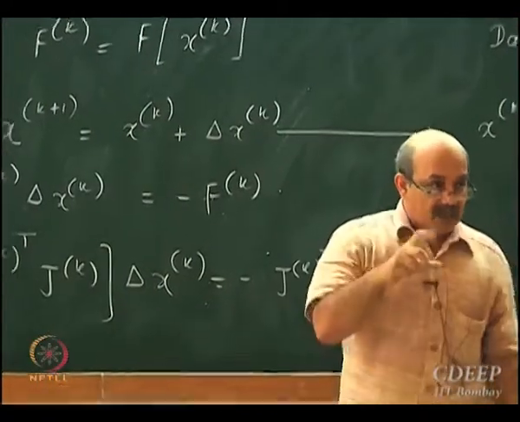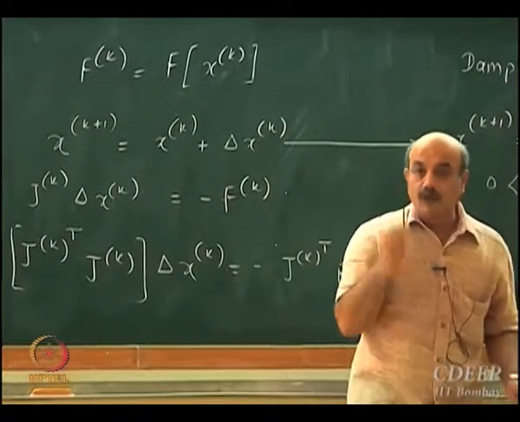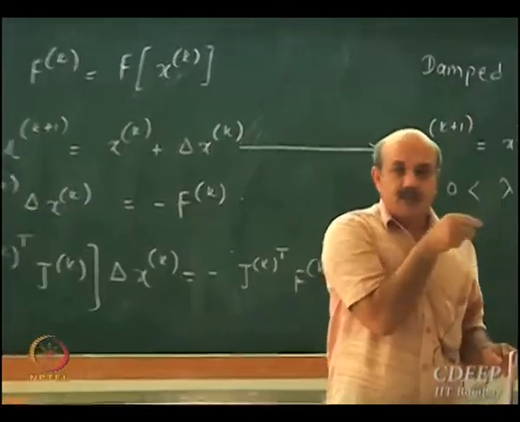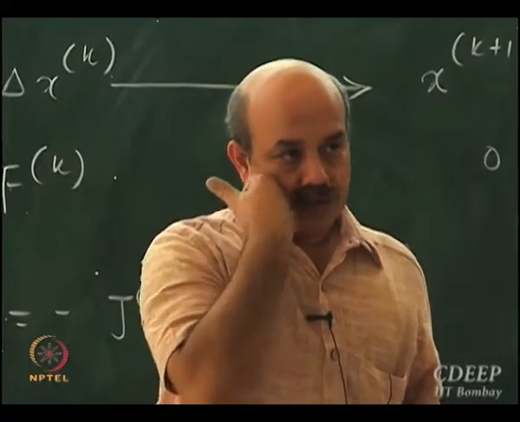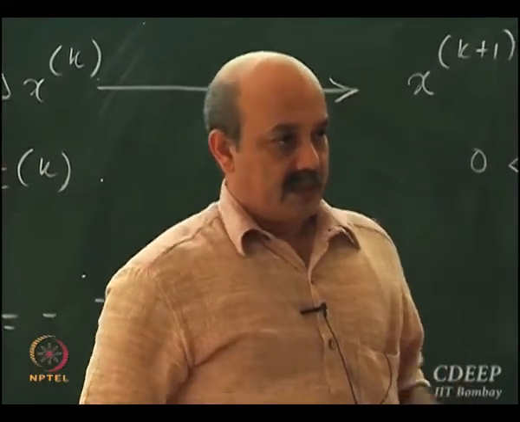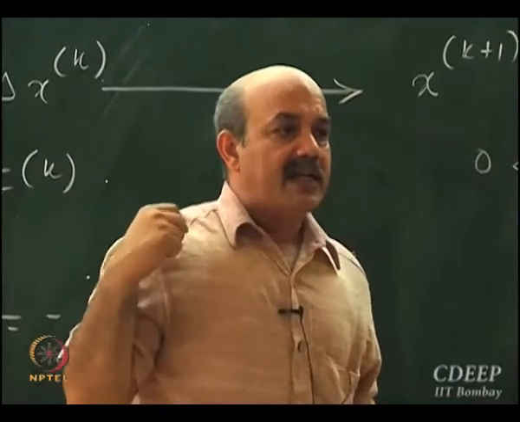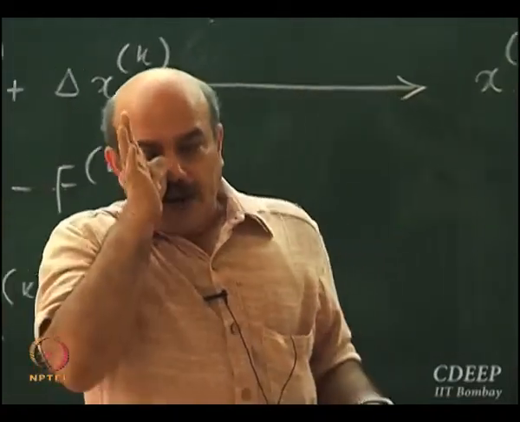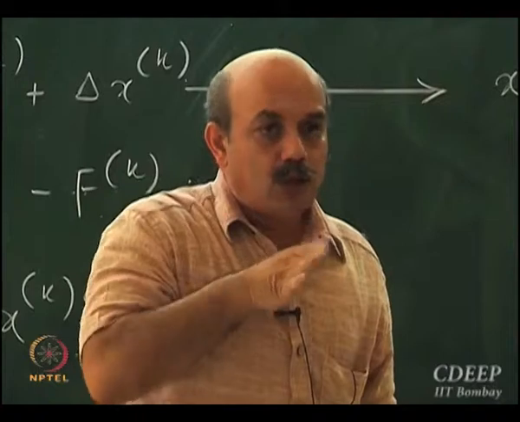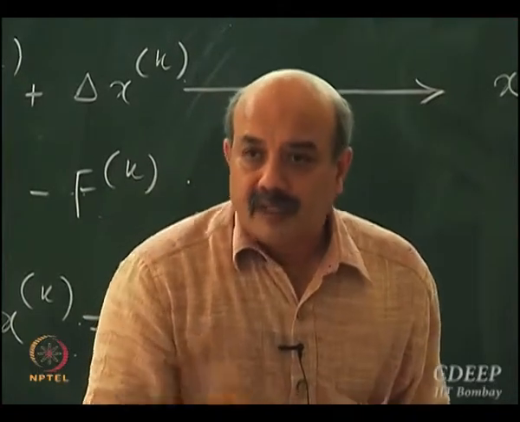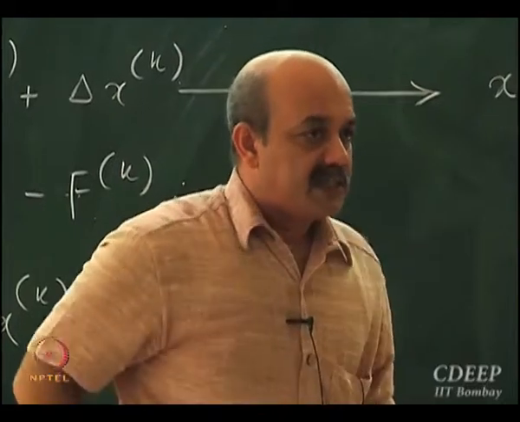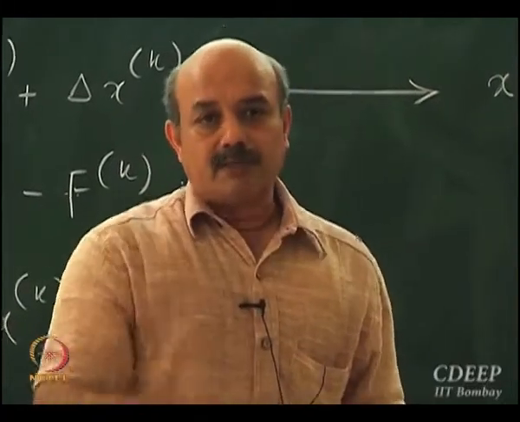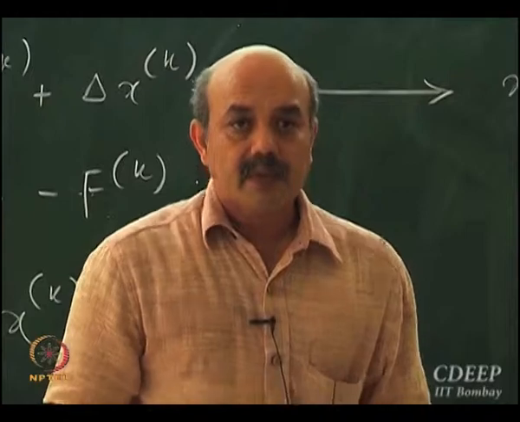This may not lead to a good value of xk plus 1. I should move towards the solution, isn't it? Now what is the guarantee that if I make some decision based on the local slope alone, it will lead to a decrease, or it will lead to a smaller value of f, okay.